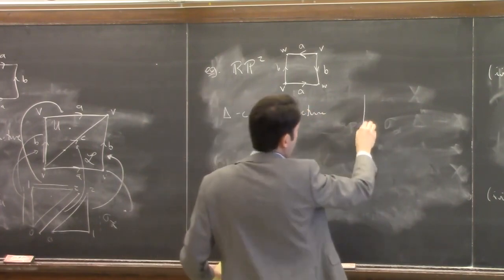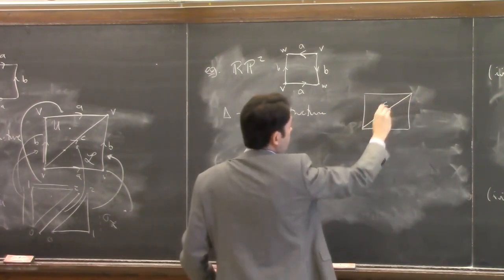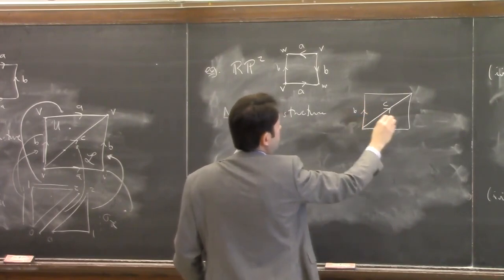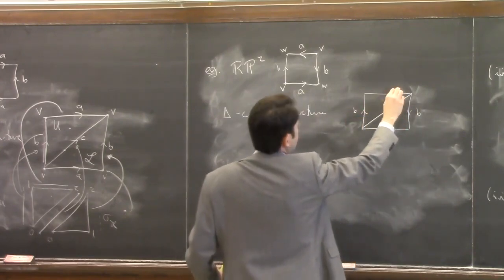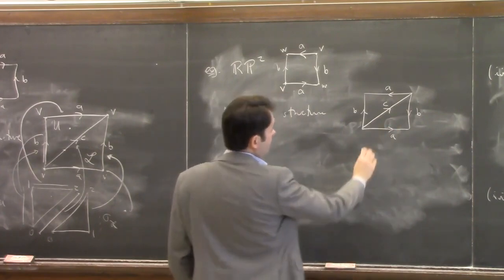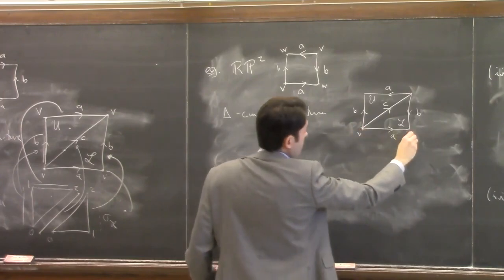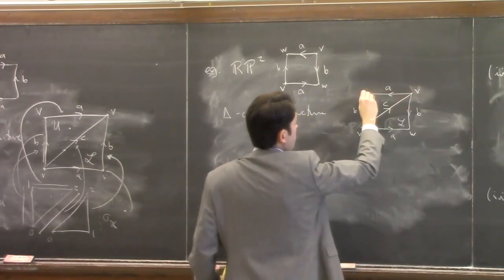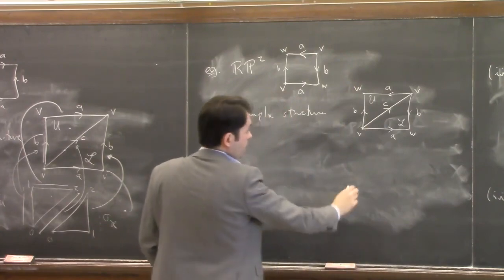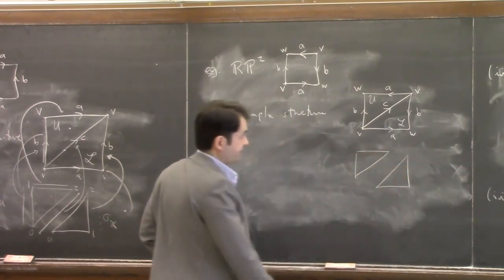Well, we're going to do the same thing. We're going to just put in a vertex C. So again, let's call this U, let's call this L. This is going to be V, W, V, W. So let's see what orientations we're going to put on these.